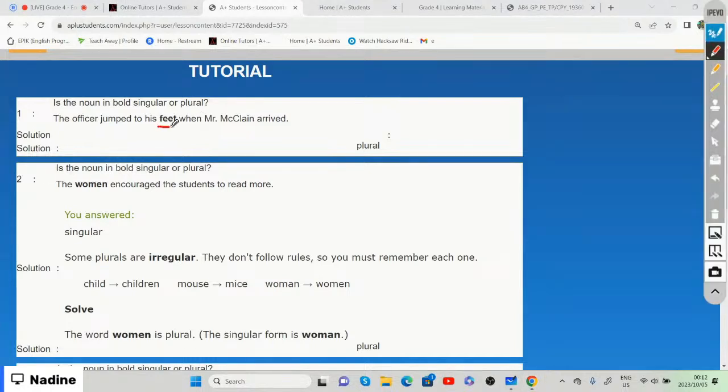And if you are saying it's singular, then you need to give me the plural form. And if you're saying it is plural, then you need to give me the singular form of that word. So feet. Is feet singular or is feet plural?